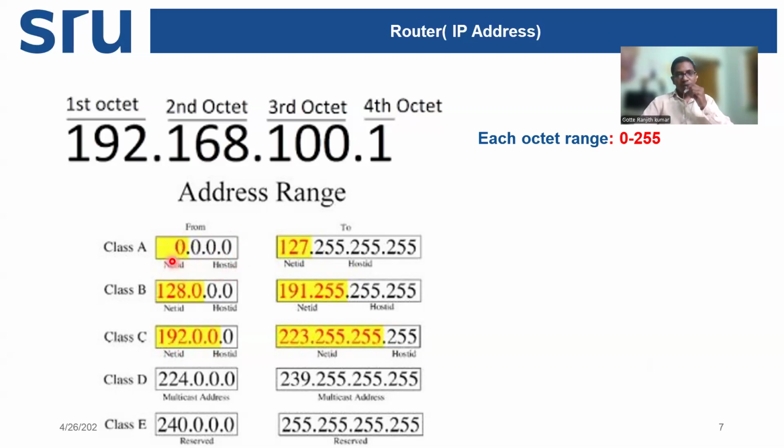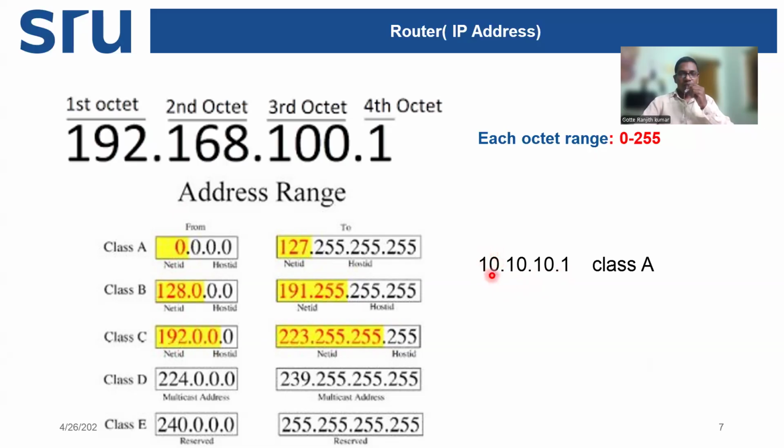But how do we identify whether a particular IP address comes under class A, class B, or class C? That can be identified based on the number we write in the first byte, or first octet. Let us take one example here. Whenever we write an IP address, we must write 4 parts, meaning 4 octets, and each one should be separated by a dot. So 10.10.10.1.